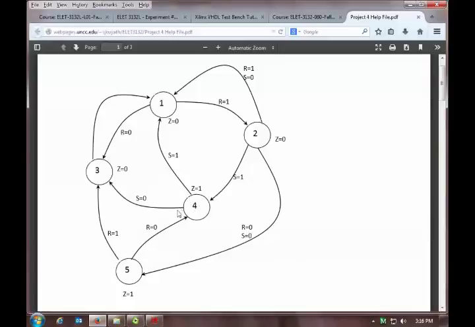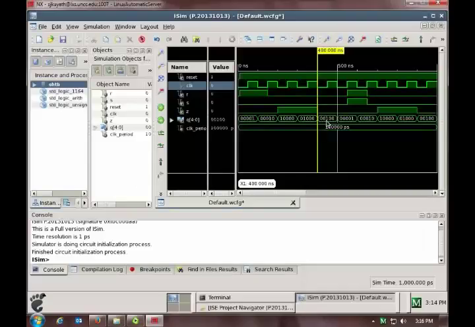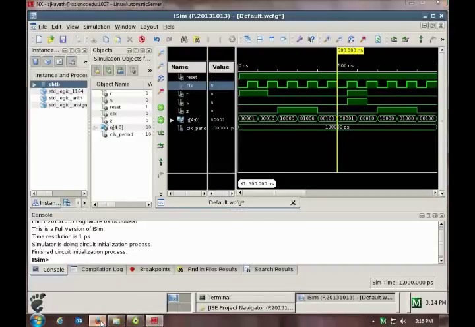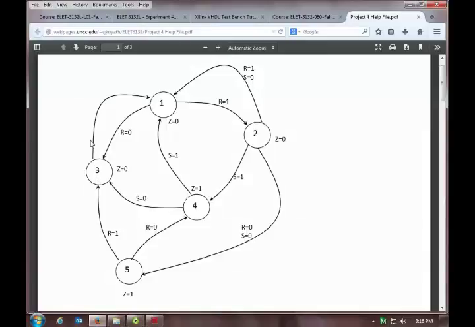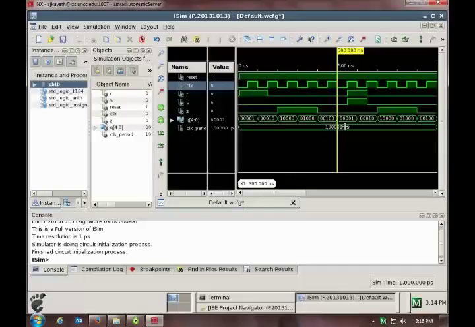So with S being low, it should take me to 3 and Z being low. So it takes me to 3, Z is low. And then here at 500, S was low, R was low. In fact, it didn't really matter because there was this non-conditional transition back to 1. So we went back to 1.